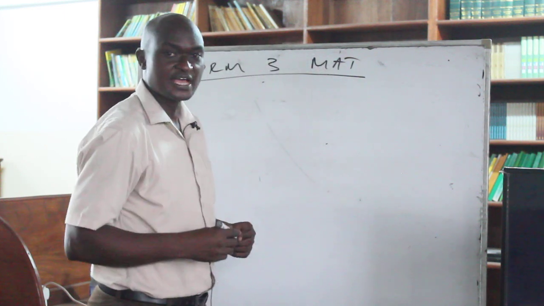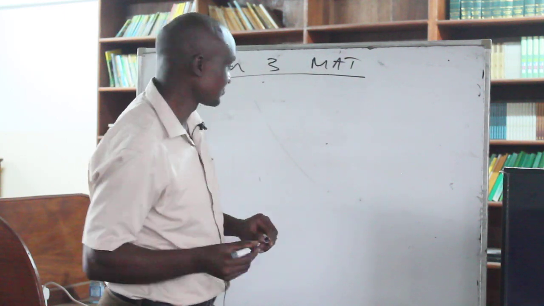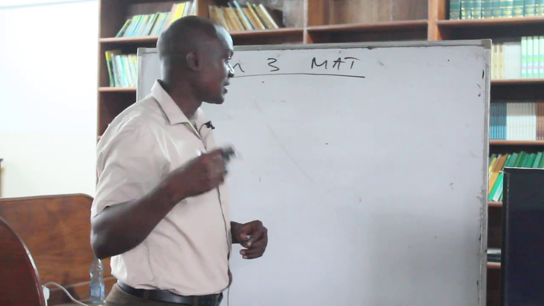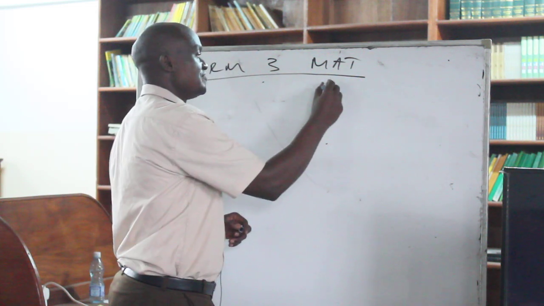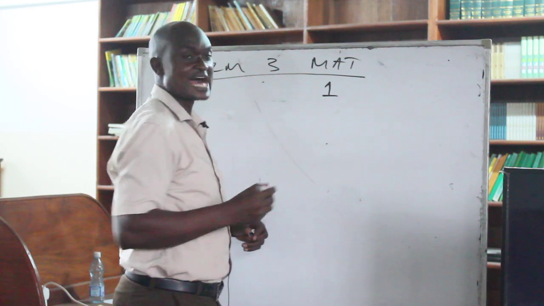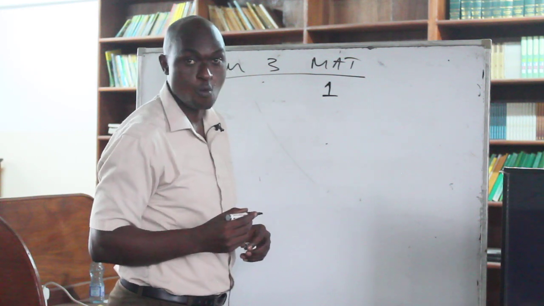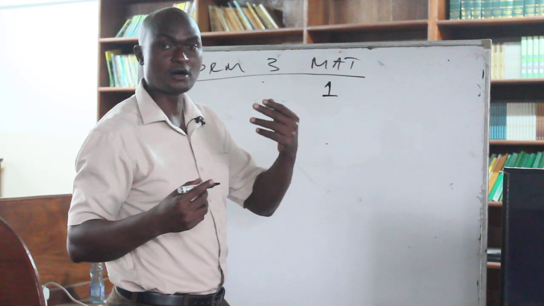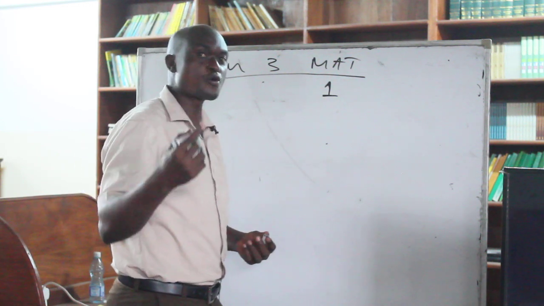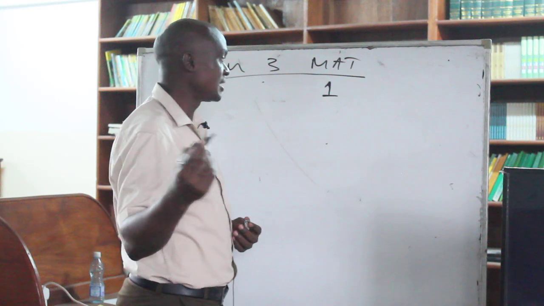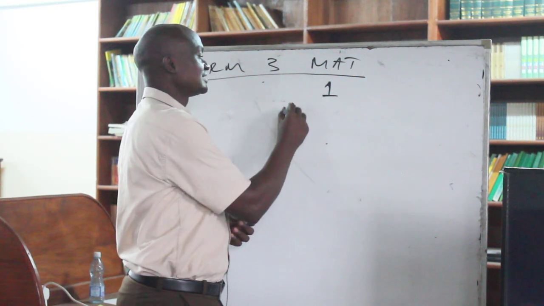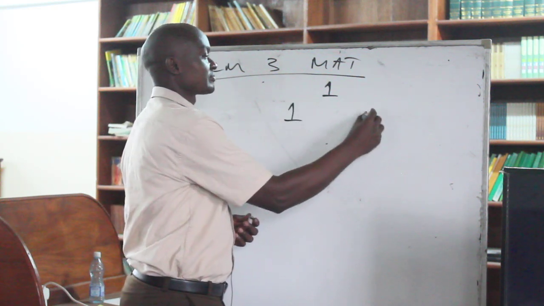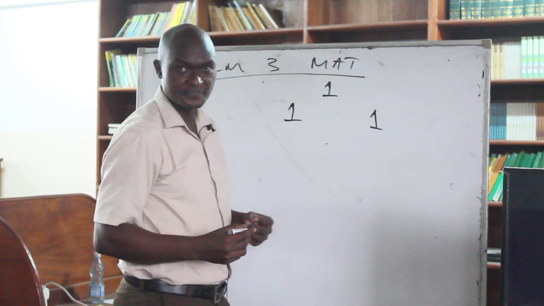So let's come up with the expansions that we do have. We saw that if we're expanding by power 0, there is only one coefficient, and that coefficient is 1. When you're expanding by power 1, there are 2 coefficients, and they are 1 and 1.